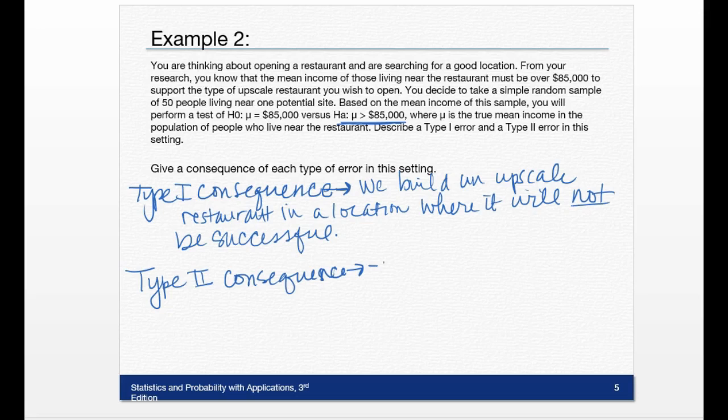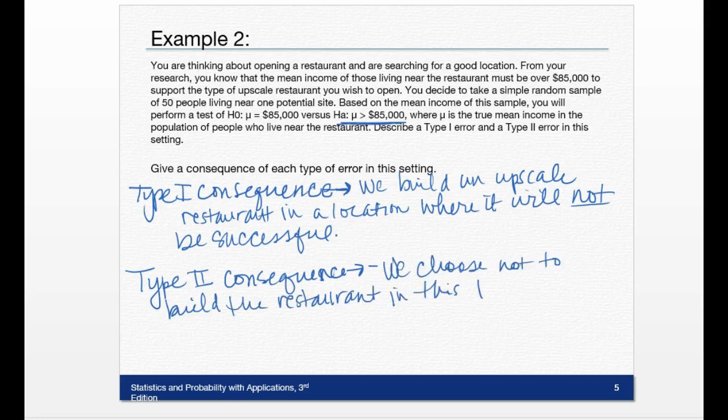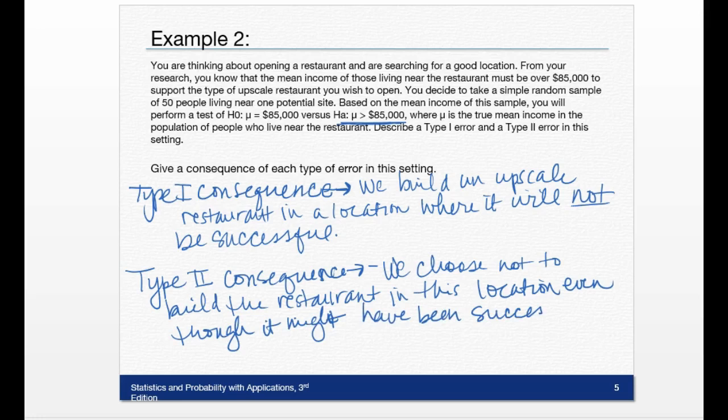The consequence is we choose not to build the restaurant in this location, even though it might have been successful. All right, so you're going to be asked to identify a type 1 error, type 2 error, and the consequences of each. So you're going to have to think a little bit, lots of context needed, but you can do it.